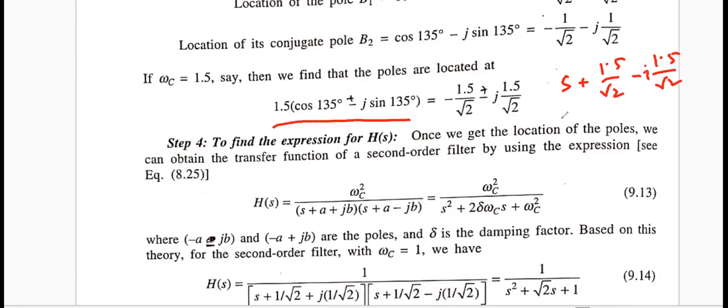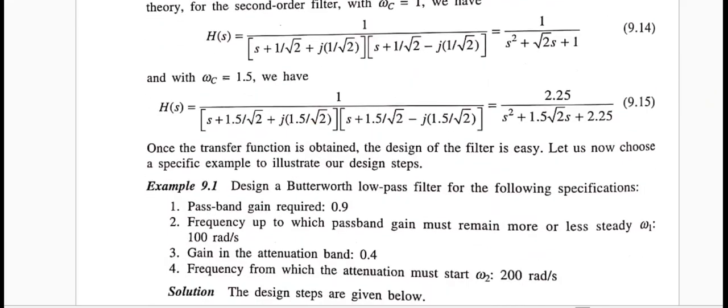And the second expression should be s plus 1.5 divided by root 2 plus j 1.5 divided by root 2. Those are the two expressions, and this is the final expression.